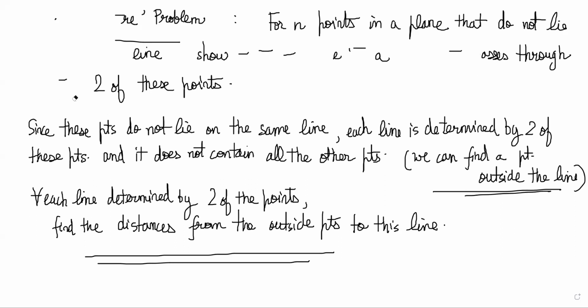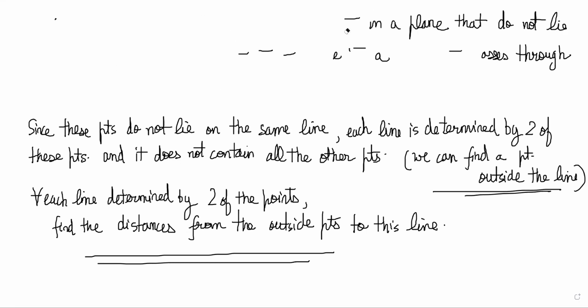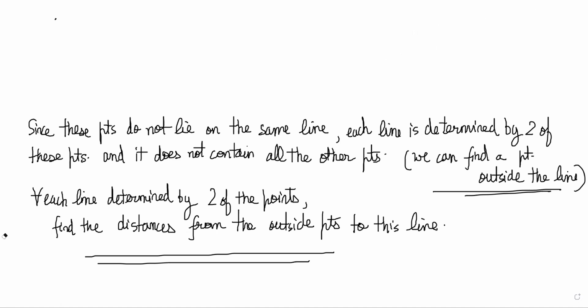So let's say we have 4 points which are not collinear, right? This is A, this is B, this is C, this is D. I want to say for each line determined by two of these points, how many such lines can we make?